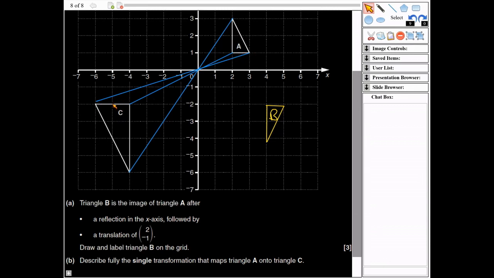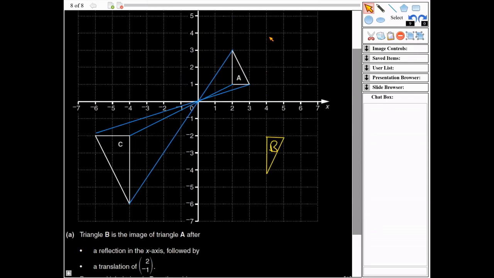So it's twice the size, but because it's on the opposite side of the centre of enlargement, it's going to have to be a scale factor of -2. If it was a scale factor of 2, my big triangle would be up here somewhere. Because it's on the opposite side of the centre of enlargement, it's flipped around the other way, so it's going to have a scale factor of -2.